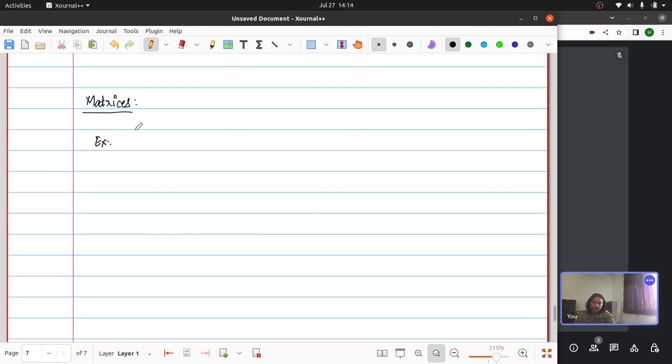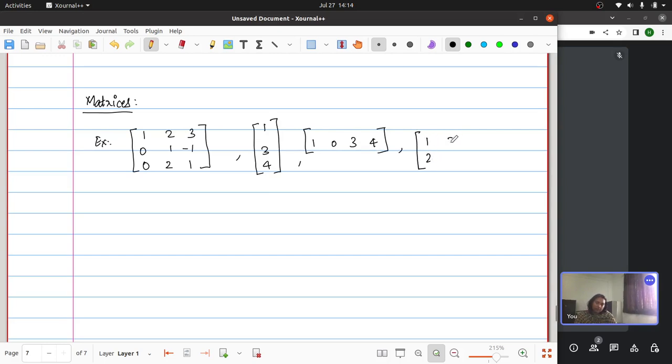So we will just look at a few examples. So this is a matrix, or you could have matrices of this shape, or something like this.